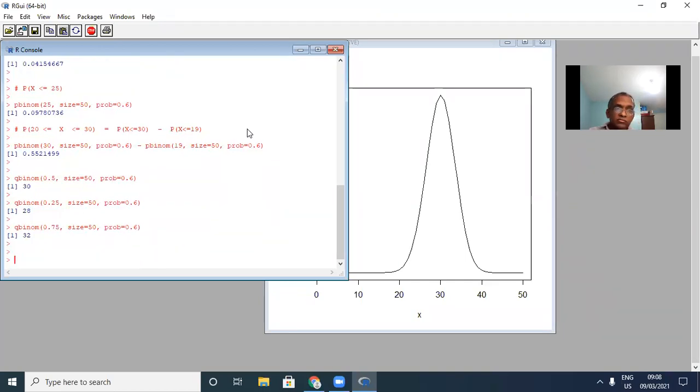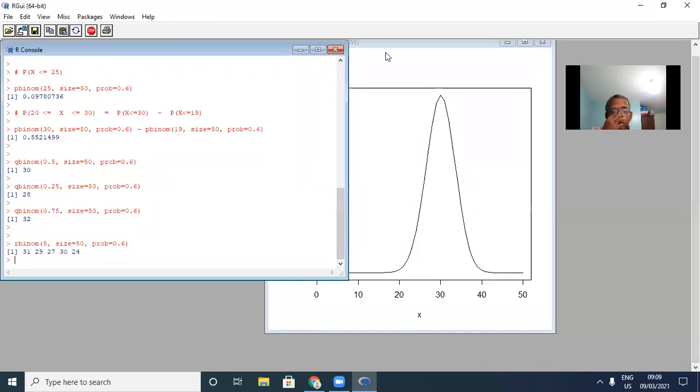Now finally, suppose you want to generate random numbers. Suppose you want to generate random numbers of size 5 from the binomial distribution. This is what you use the command rbinom for. So rbinom will generate 5 random numbers from a binomial distribution with parameters 50 and 0.6.